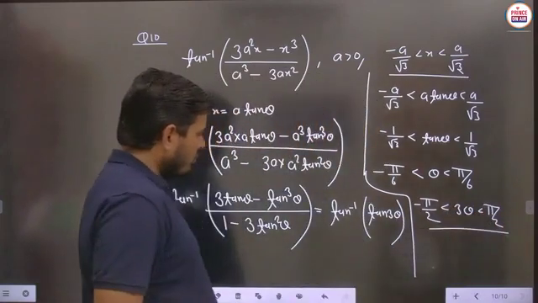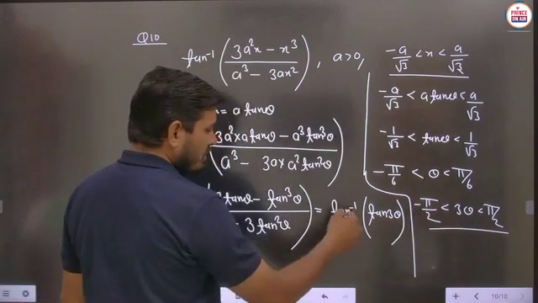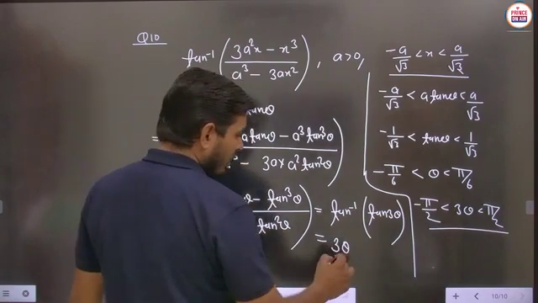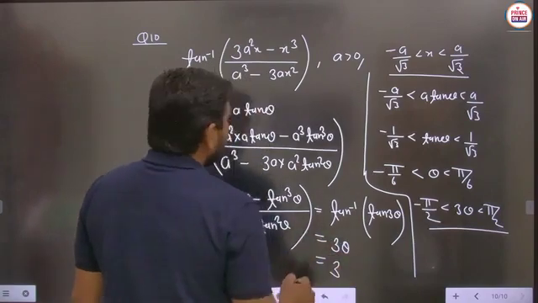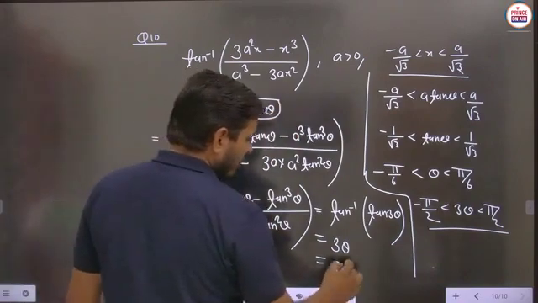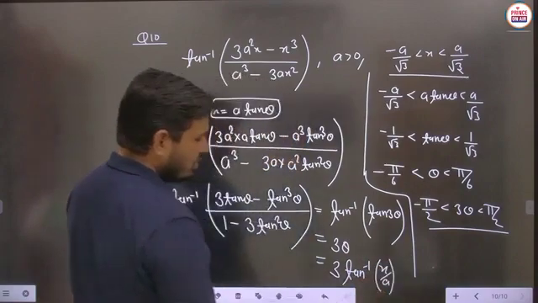So you can check that 3 theta lies in this interval, which is the principal value, so you can write this part as 3 theta. And theta you can calculate from tan inverse of x upon a, so you can write this part as x upon a. Is it clear?